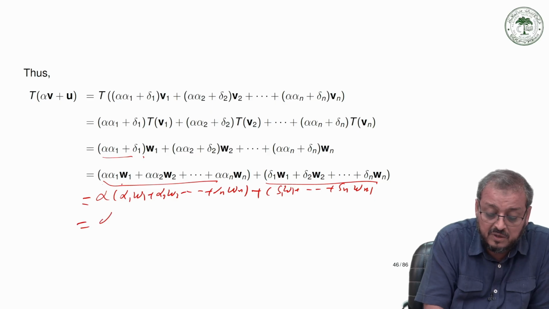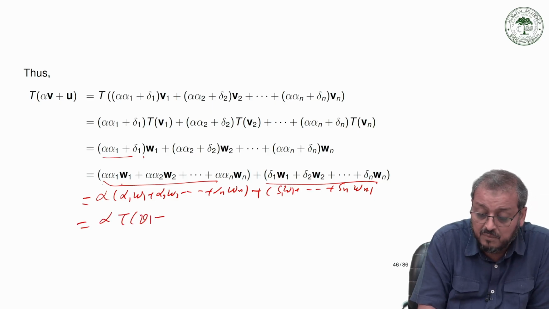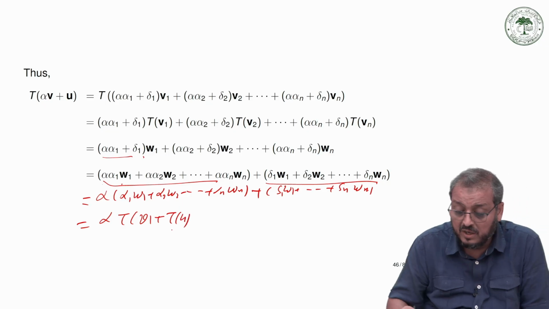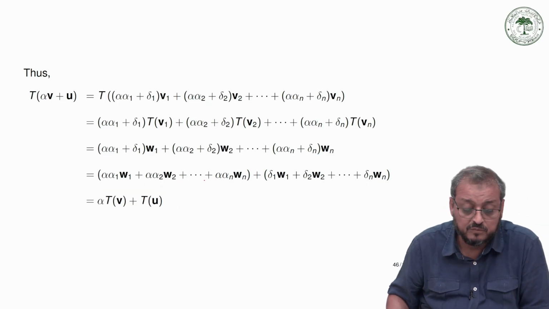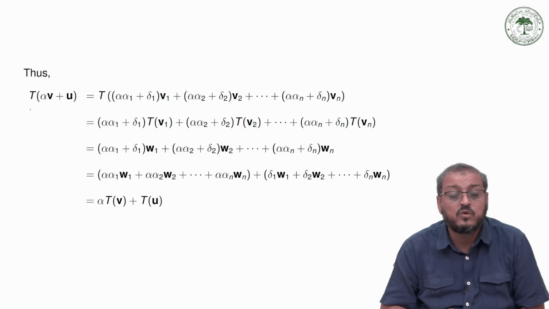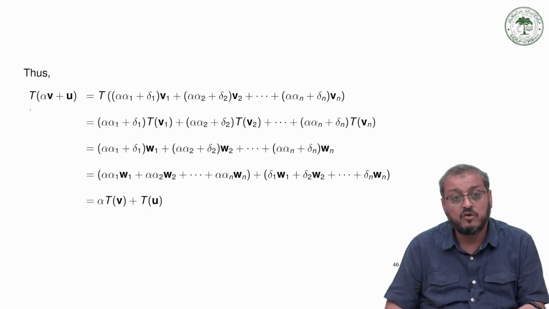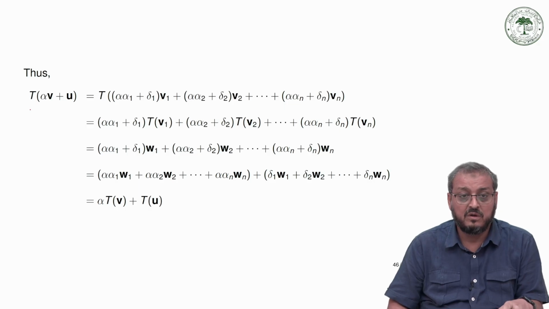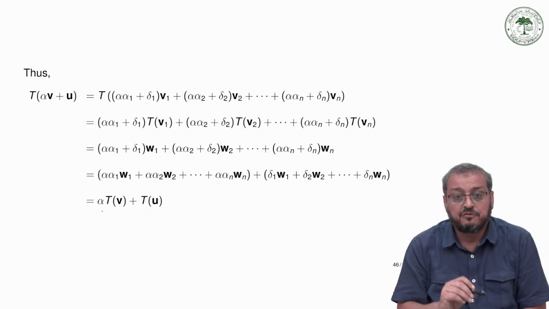This is alpha times T of V plus T of U. So T of alpha V plus U is equal to alpha times T of V plus T of U.